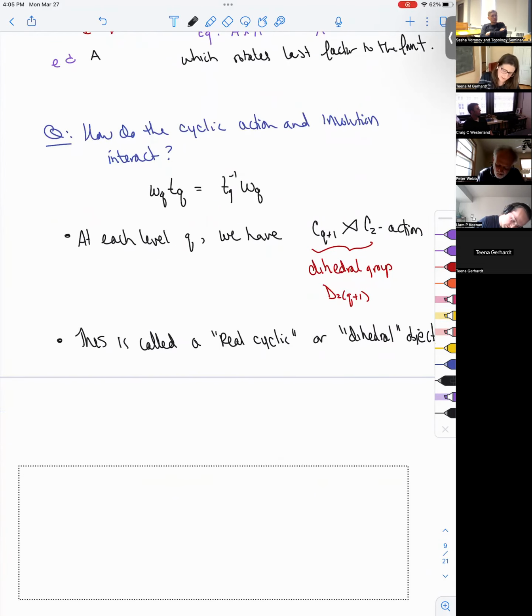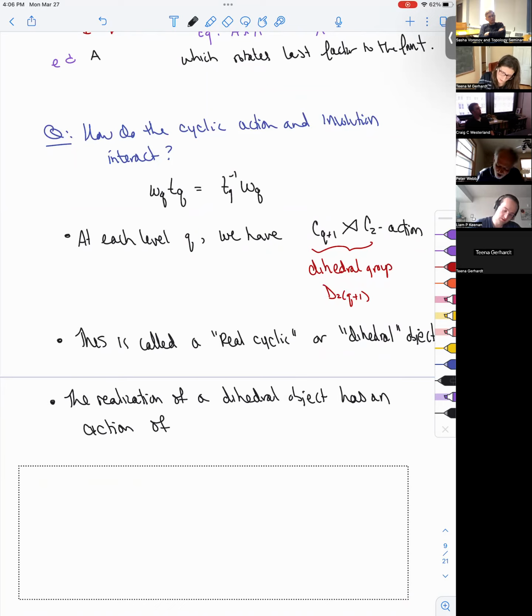And what is the takeaway? Well, the takeaway is that when you realize this, we understand what happens. The realization of a dihedral object or a real cyclic object has an action of, well, what happens? We had a C2 action at each level, and so when we realize that, we expect to have a C2 action.